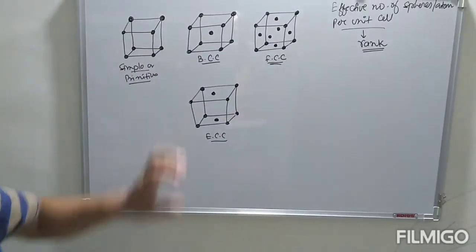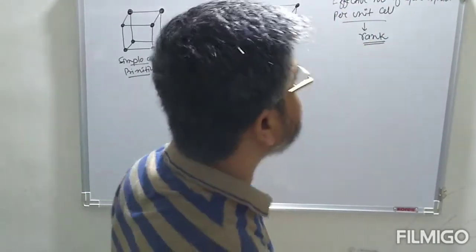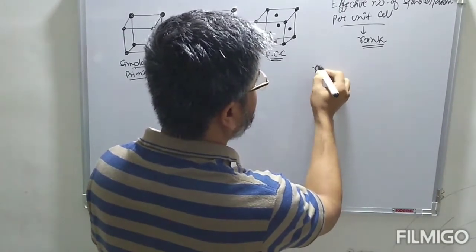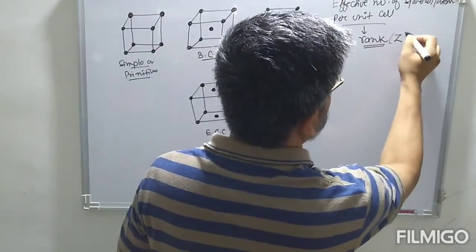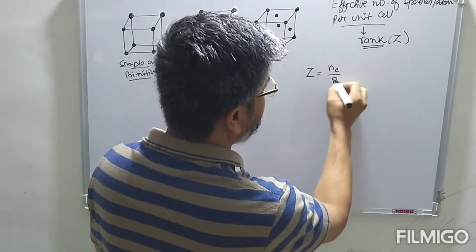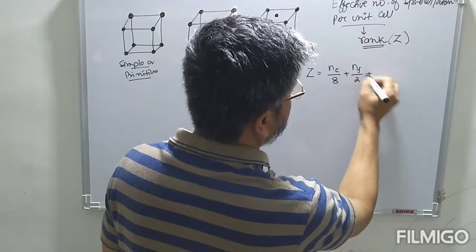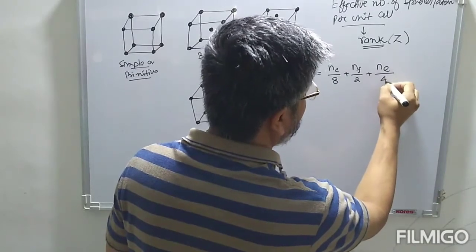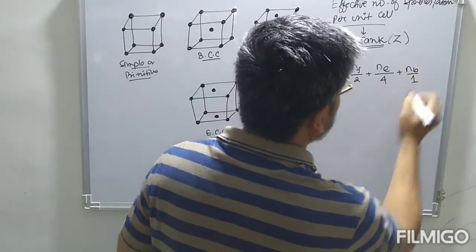So we have to define the effective number of spheres present per unit cell, that is rank. There is a simple formula to define this rank. Rank is defined as Z, so we have Z equals NC by 8, plus NF by 2, plus NE by 4, plus NB by 1.